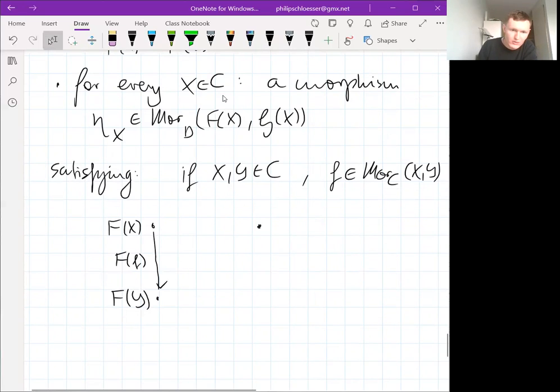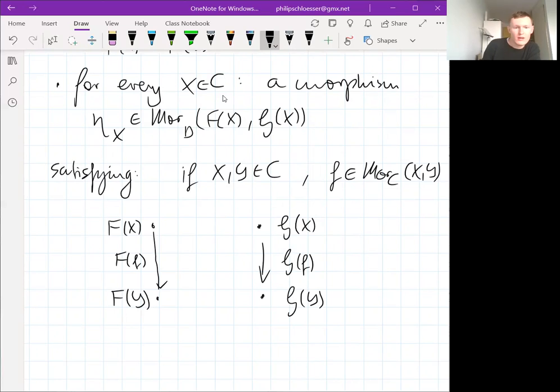The same thing we can do for G, just because they're all functors. So we have these things. But now we also have our morphisms from F of x to G of x, and from F of y to G of y.